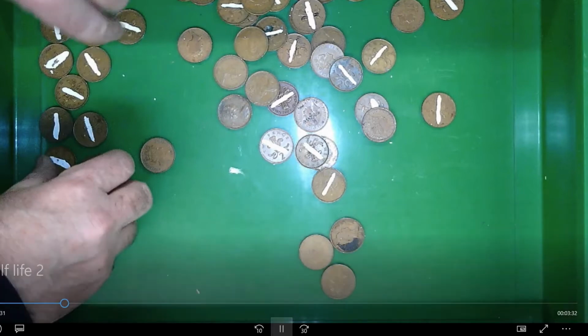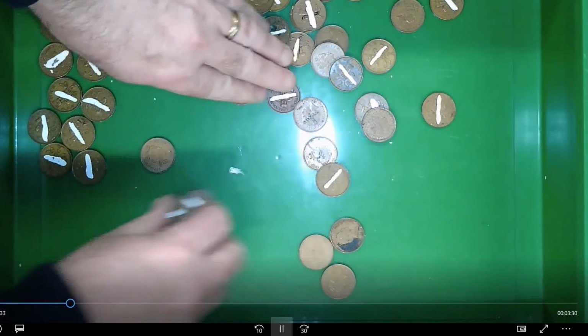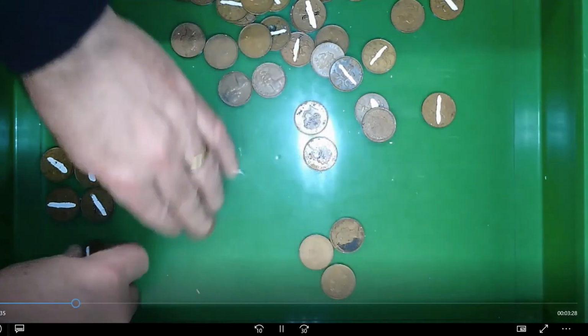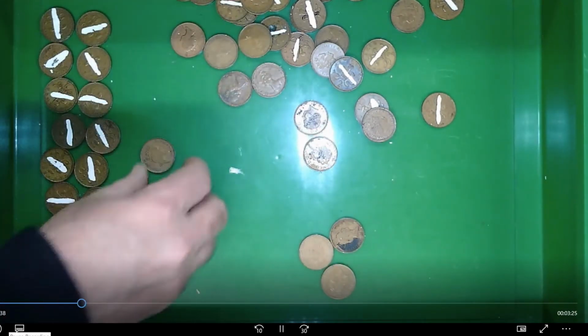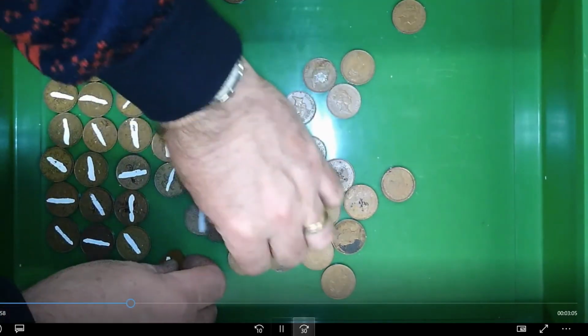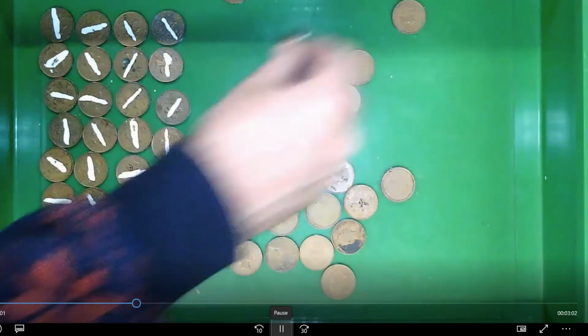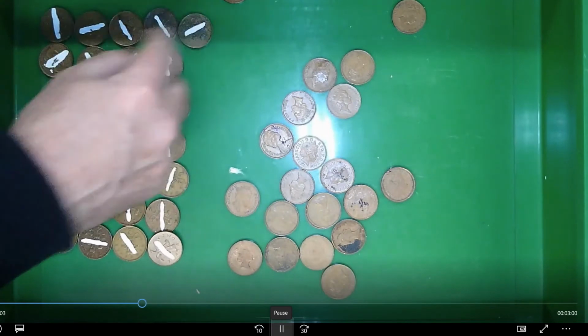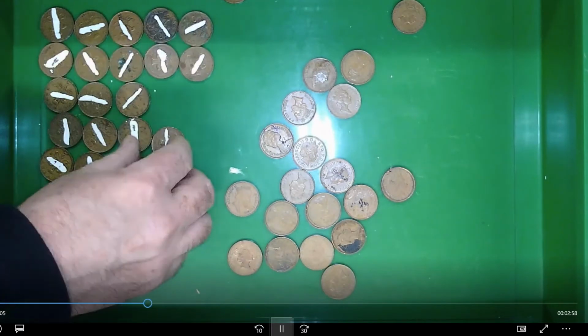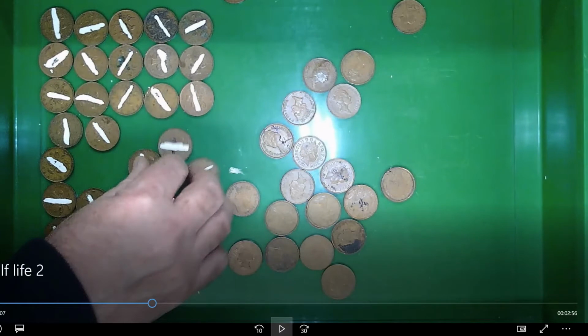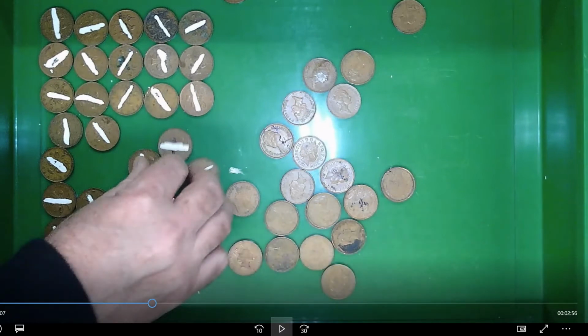Let's just see. And what you can see here then is the number of coins. Mr. Hancock is just going to count them all up and put them in rows of 5s to help you record in your table the number of decayed 2p coins.